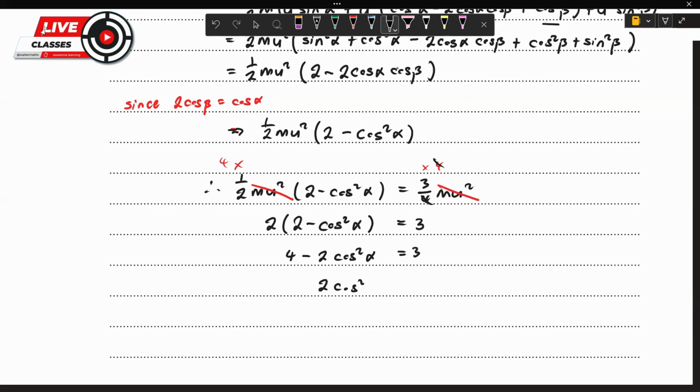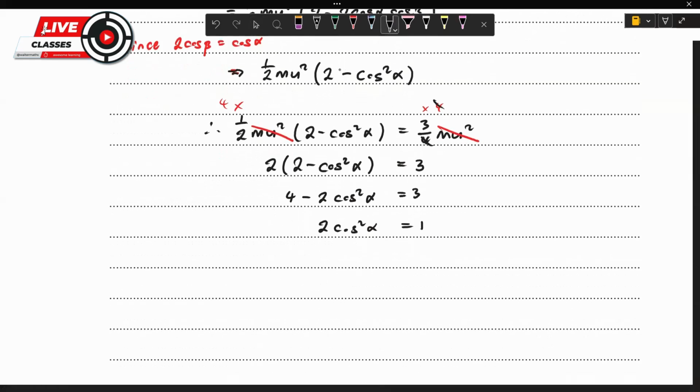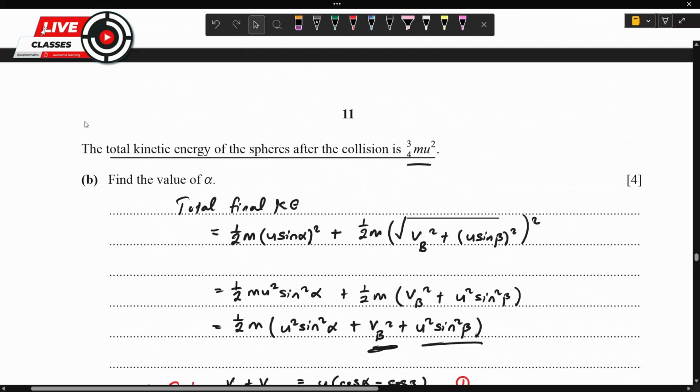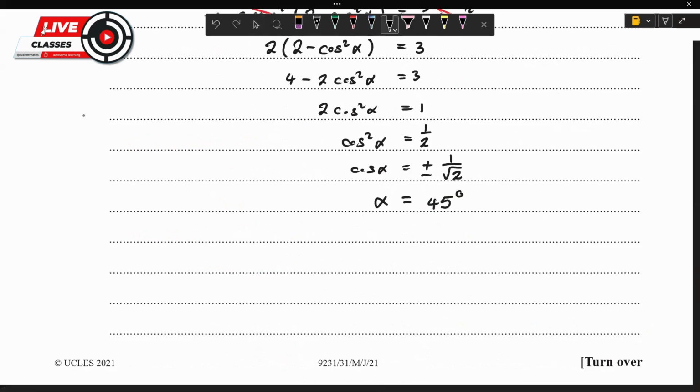So that's 2 cos squared alpha is equal to 1, and cos squared alpha is equal to a half. So cos alpha is equal to plus or minus 1 over root 2. And here, the fundamental angle for arc cos 1 over root 2 is 45 degrees. And that's actually the value of alpha we need. So alpha is 45 degrees. So the question was saying we should find the value of alpha, so this here is the value of alpha. And that's how we do it here.